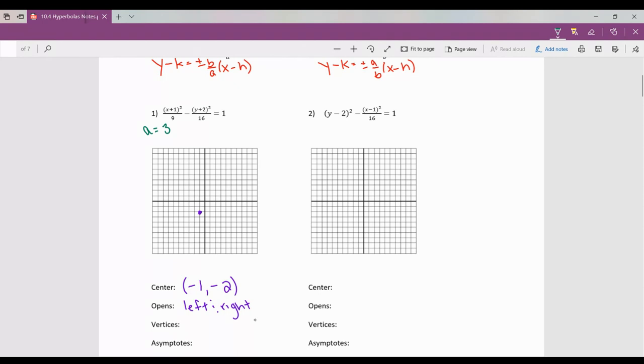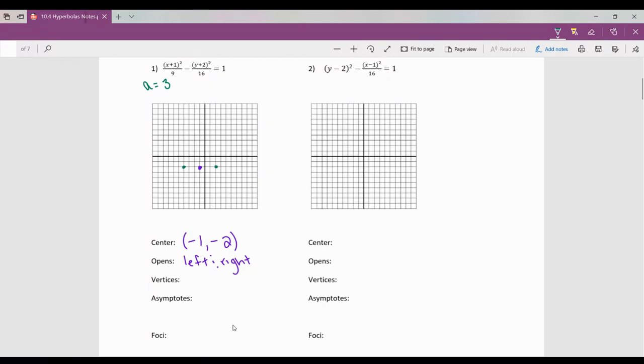So 1, 2, 3, and then 1, 2, 3. So my vertices are going to be at 2, comma, -2, and -4, comma, -2. Those are where I'm going to plot the points for my hyperbola.